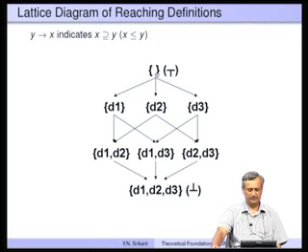For example, D1 is a superset of phi, D1, D3 is a superset of D1. So, D1, D3 is obviously a superset of phi, but this should be inferred by the 2 arcs and there is no explicit arc between phi and D1, D3. So, transitive relationships are not explicit in this diagram, otherwise the diagram becomes too clumsy to understand and read.